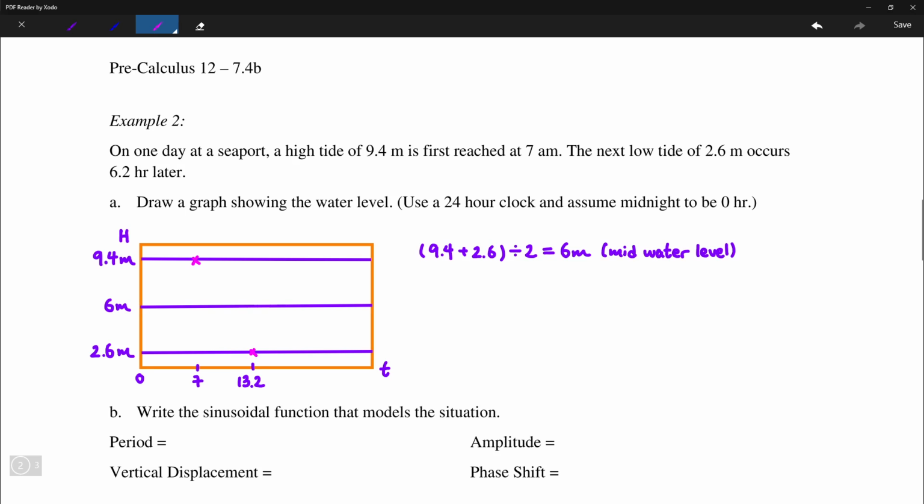And we're going to assume that this tide is going to behave like a sine or cosine curve. So the next high tide will be another 6.2 hours later. So another 6.2 hours later, this will be 19.4 hours.